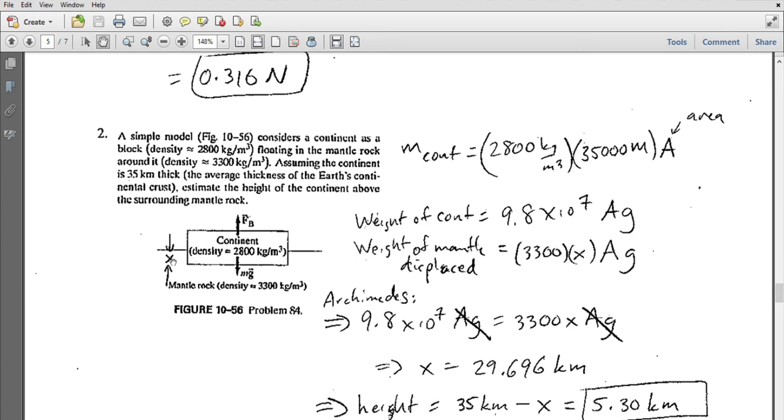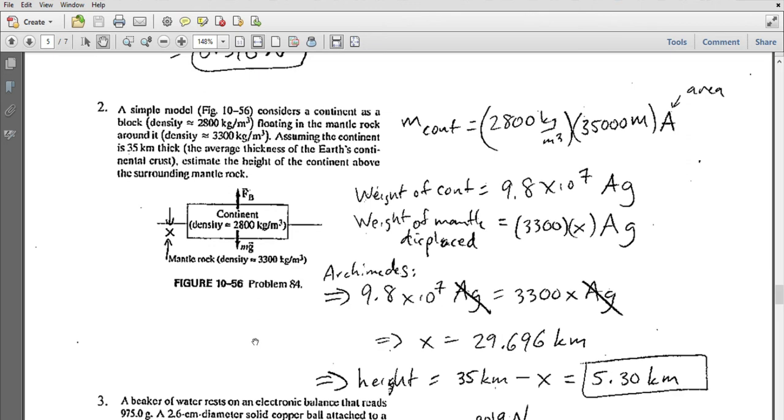So if we calculate x in this problem, that's not the answer. We want to know this distance, which will be 35,000 meters minus x. Okay, so let's first find x. That was the way I'm approaching it in this solution. And the idea is, we're going to balance forces here.